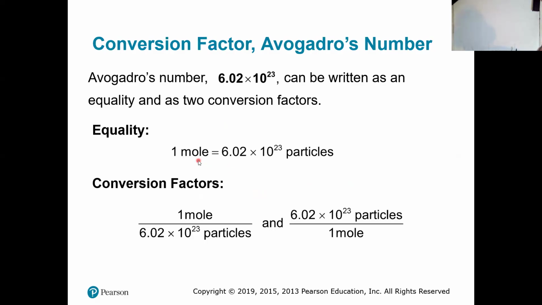Because we can write Avogadro's number as an equality, we can turn Avogadro's number into a conversion factor when we're asked questions about quantities that include moles or atoms or particles or molecule numbers. We can set up our conversion factor depending on the question that we're asked.